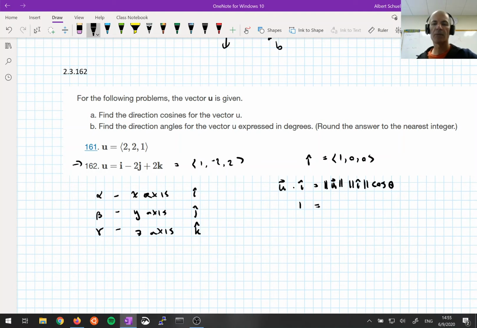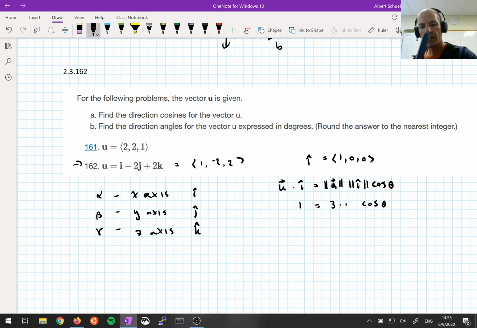So on the left-hand side we have a 1. What's the magnitude of u? Well, it's the square root of 1 squared plus 2 squared plus 2 squared, which is 9, so that's 3. What's the magnitude of i? It's the square root of 1 squared plus 0 squared plus 0 squared, so that's 1, times cosine theta.